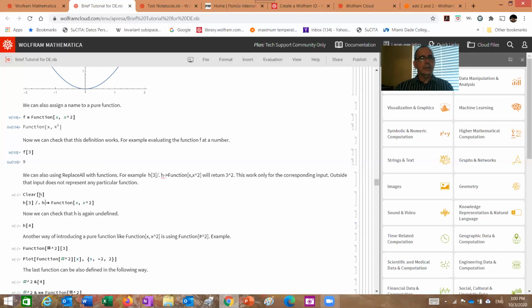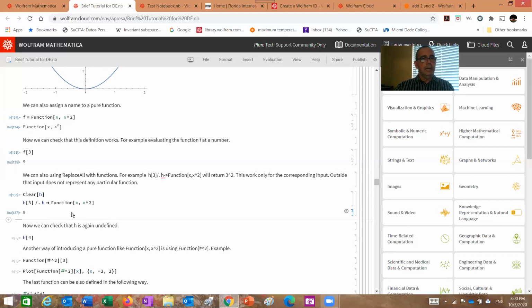It means you clear the function h, because I don't want to use any old values of h. Remember, we have to use the h before. And now you want to find h of 3, but when you replace the h by that function, then you get 9. Imagine that we change the function here, that instead of x to the second, you put x to the third.